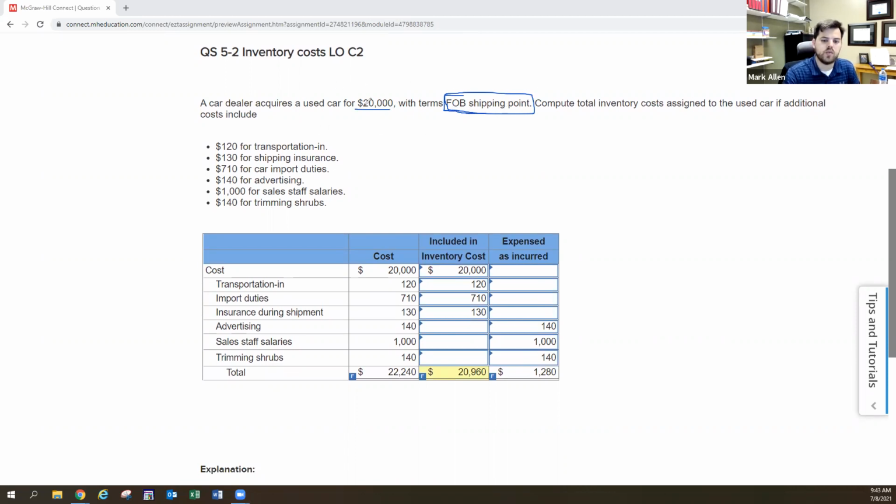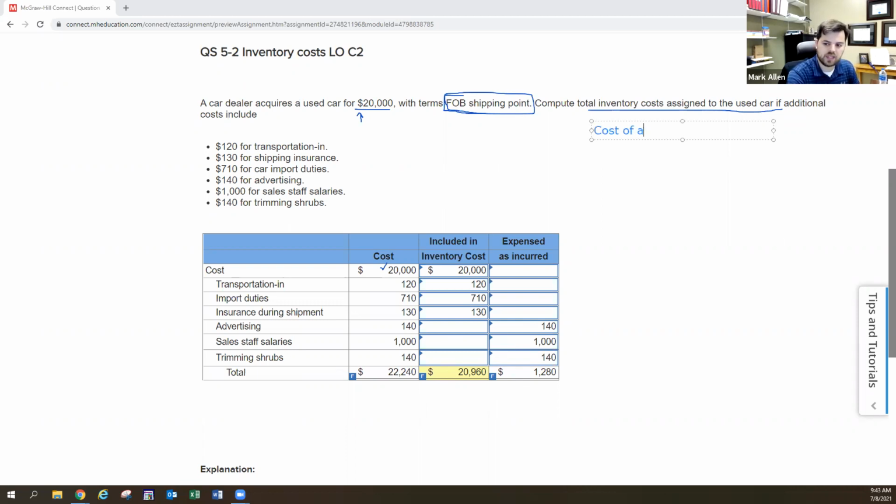So in this case, we acquired the car for $20,000. That's the initial cost. But the question is to compute the total inventory cost assigned to the car. So what we have to realize is that the actual cost isn't just the invoice price that we see here. Remember, the cost of an asset is not only the initial cost, it also includes some other things.